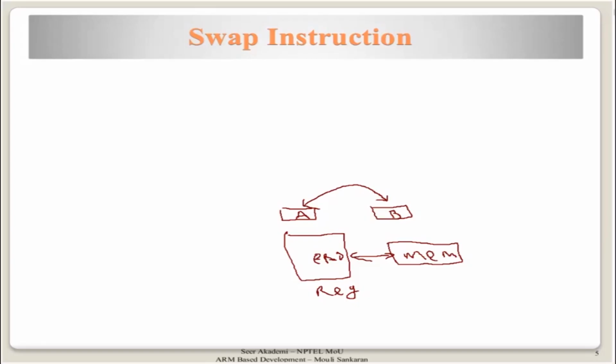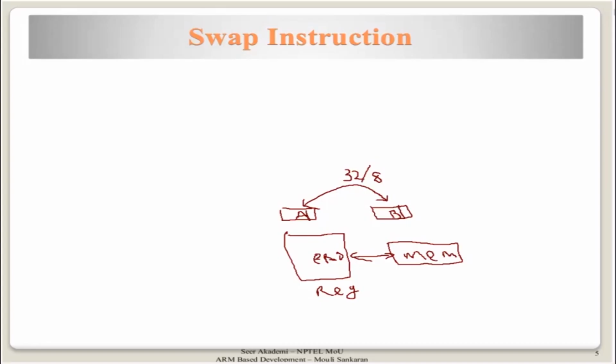It is logical that the number of bits we swap should be the same. If you are swapping a 32-bit value, this 32-bit value comes here and that 32-bit value goes there. Similarly, we could also do 8-bit: if you are swapping two 8-bit values, the LSB of this and the LSB of that will get transferred. So basically, a swap means interchanging two values between two locations, in our case between a register and a memory location.